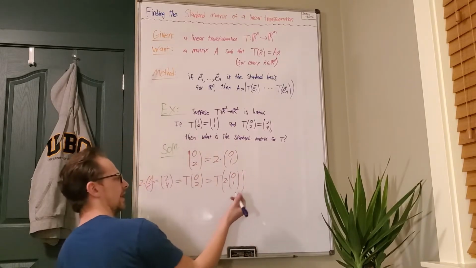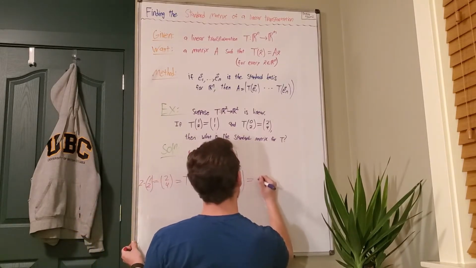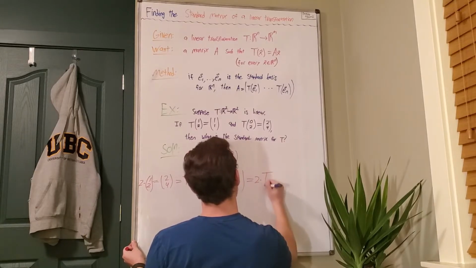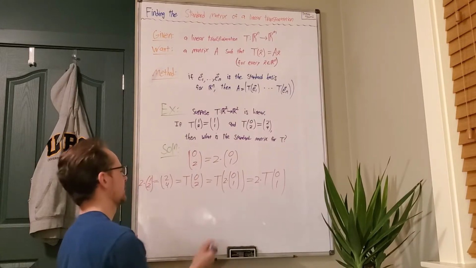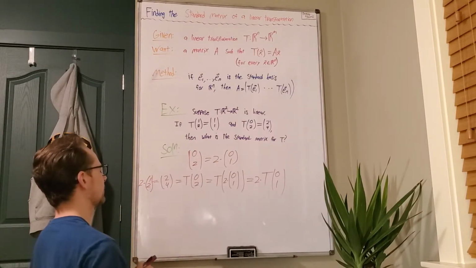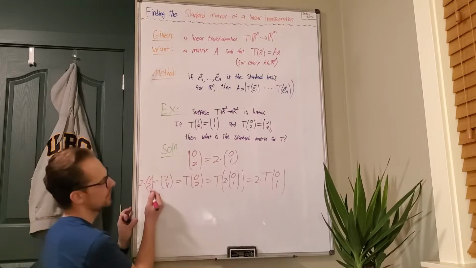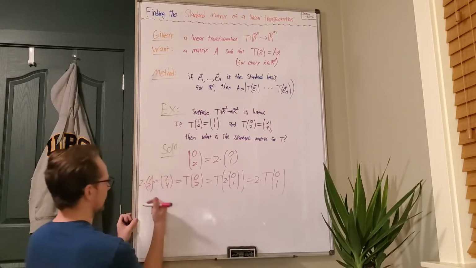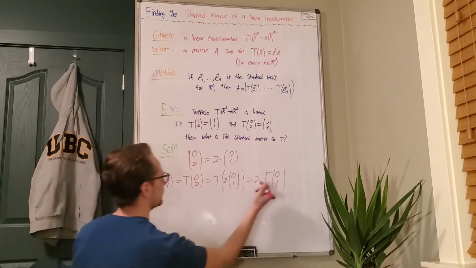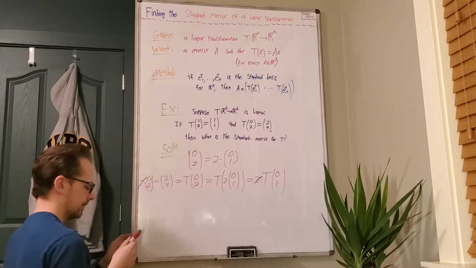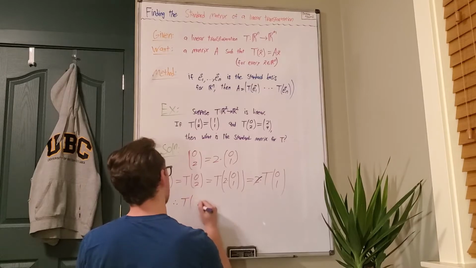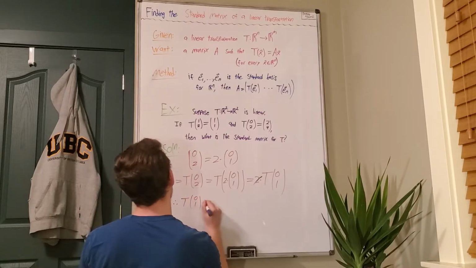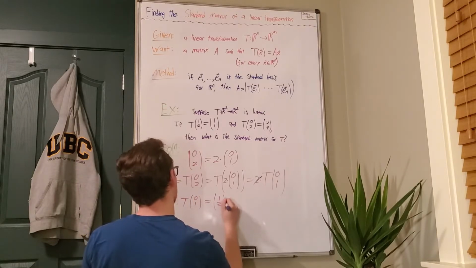Using the fact that T is linear, we can bring that scalar 2 out and get 2 times T of (0, 1). So what we end up with is 2 times (1, 2) is 2 times T of (0, 1). 2 is non-zero, so we can cancel that from both sides. And what we found is, therefore, T of (0, 1) equals (1, 2).